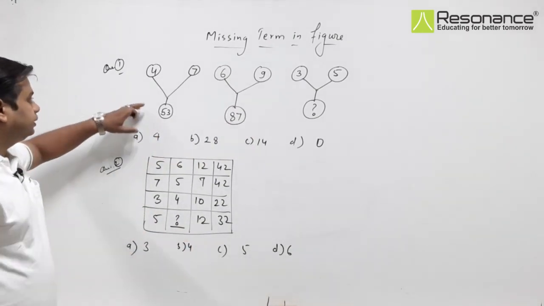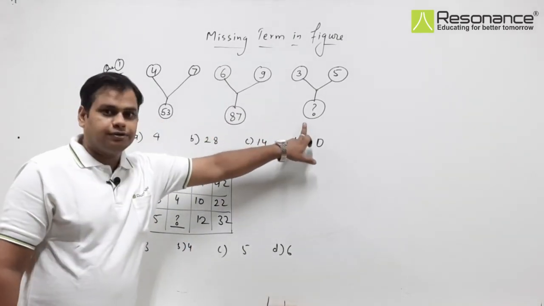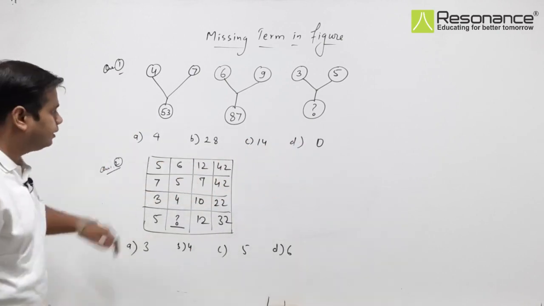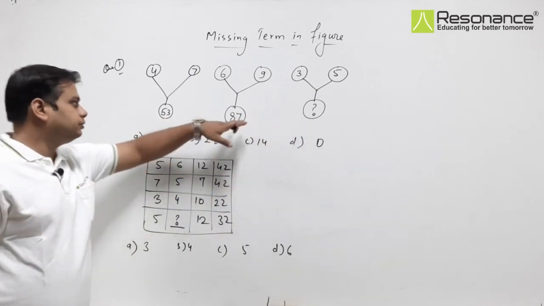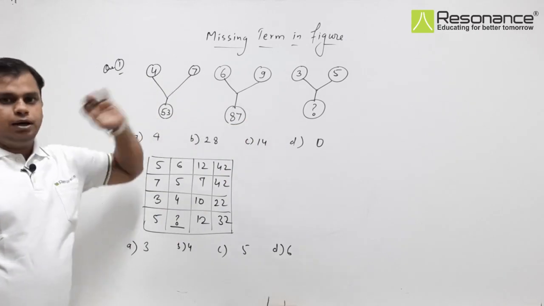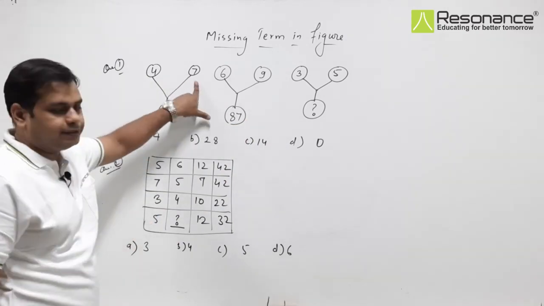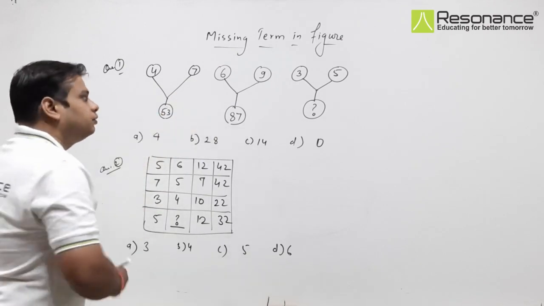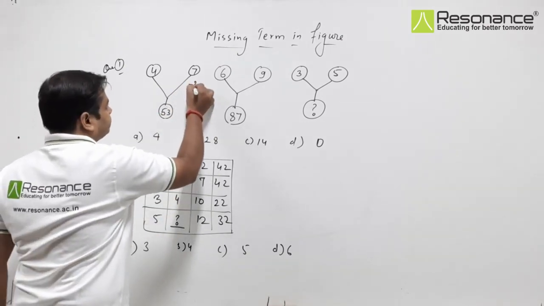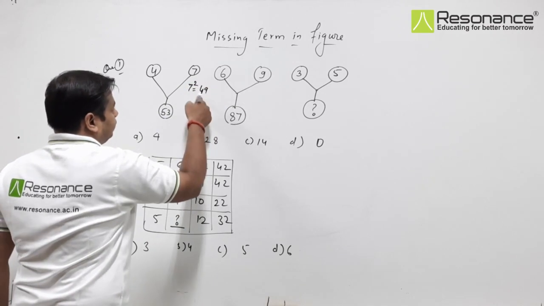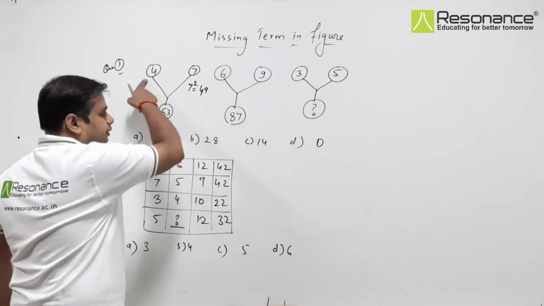Now we can see these are the resultant numbers, because these are larger numbers than the upper numbers. So we have to make 53 from 4 and 7. How can we make it? We know that the square of 7 is 49 and we need 4 more, and 4 is written here.